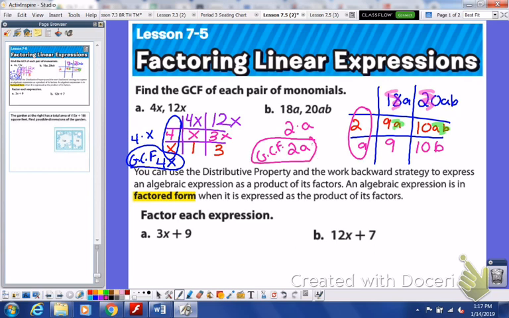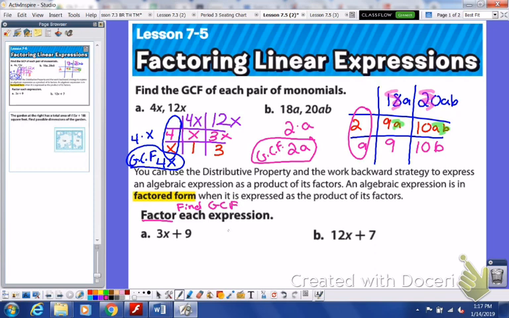Now, how are we going to apply this? You can use the distributive property and the work backward strategy to express an algebraic expression as a product of its factors. An algebraic expression is in factored form when it is expressed as a product of its factors. So factor each expression. I have 3x plus 9. When I factor, I want to find my GCF.